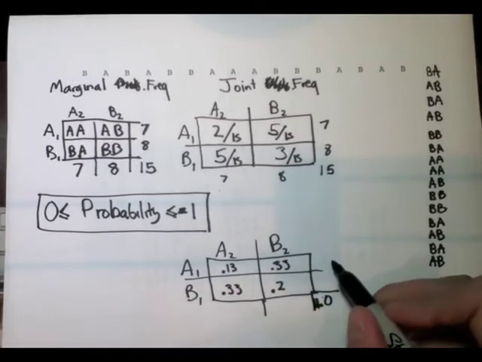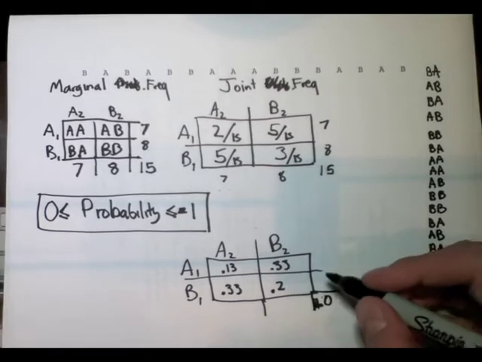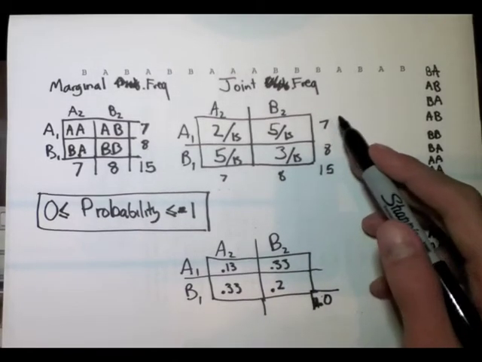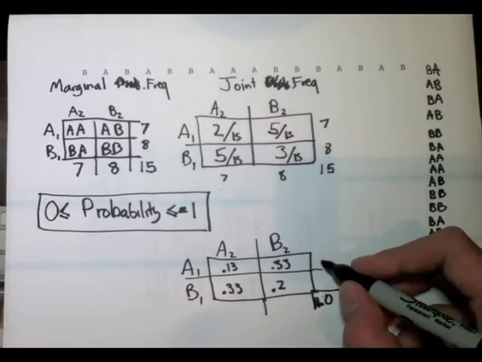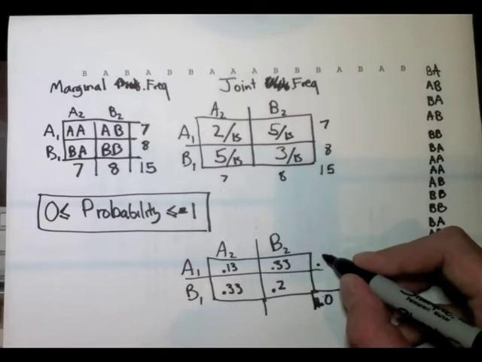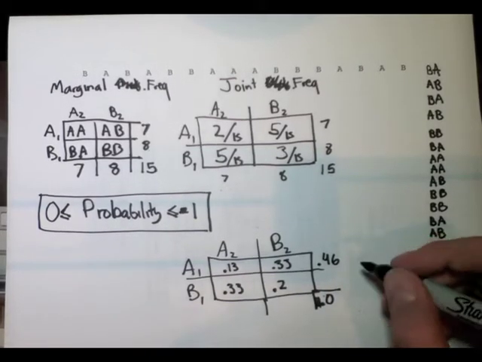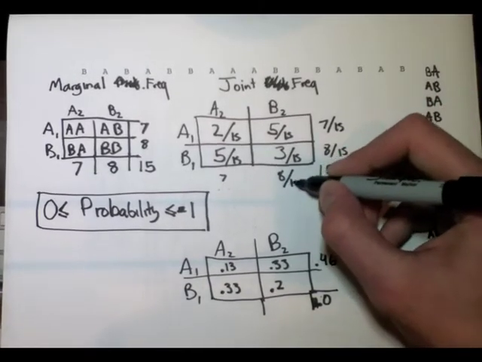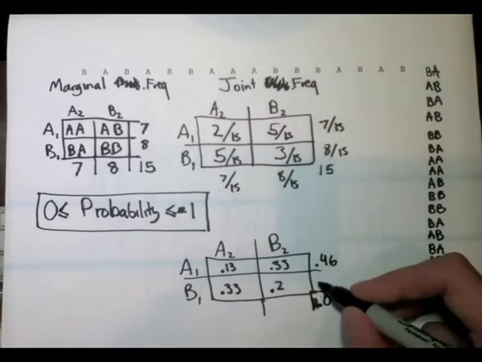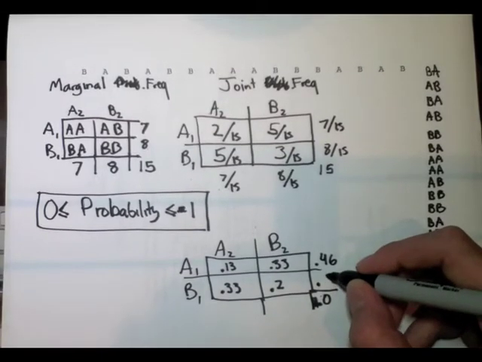And then our marginals are just going to be sums again. So we already know that 7 out of 15 is going to be the sum of these two. It's going to be 0.46. That's 7/15. And then this one's going to be 0.52.